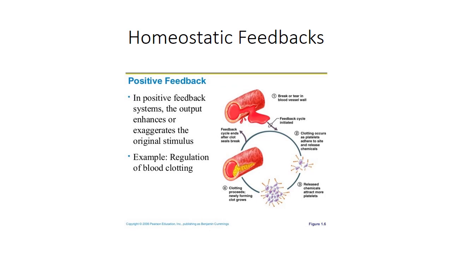When your blood vessels are damaged, then platelets, special little bodies, they are actually parts of cells called megakaryocytes, aggregate at the site of the damage. And then they produce factors that stimulate blood clotting. As blood clotting progresses, more of these factors are produced and more clotting occurs.